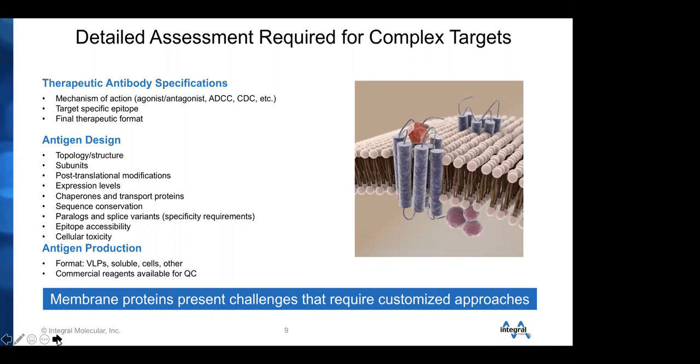Are you going to use virus-like particles such as lipoparticles, soluble protein or peptides, cells, or something else? It's also important to find out what commercial reagents, if any, are available to QC the antigen. How will you detect the antigen that you make and know that it's good for your immunizations? So really, a customized, well-thought approach leads to success.